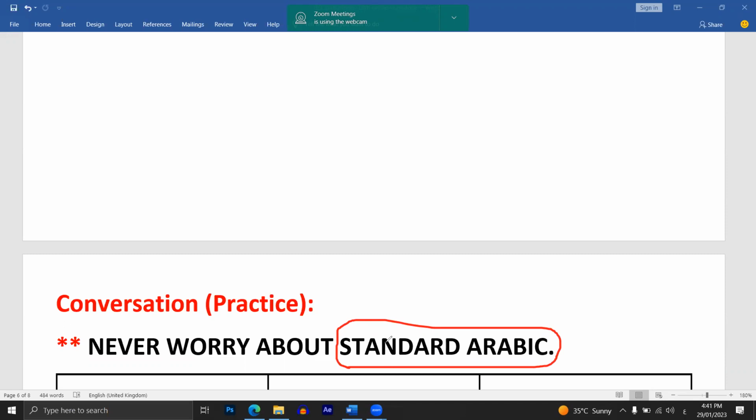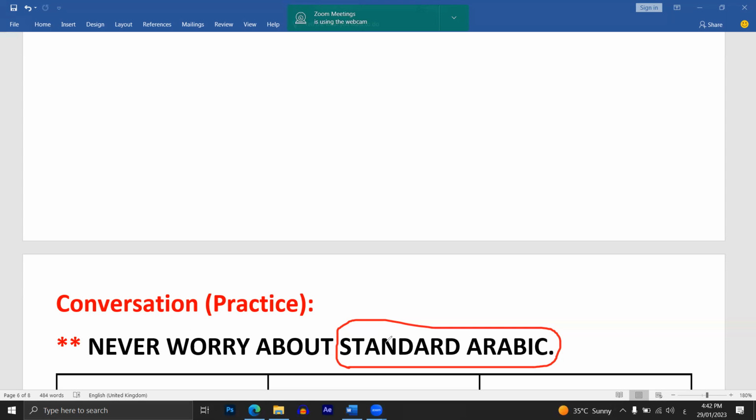Many people worry about the differences between Arabic dialects because every Arabian country has its own dialect: the Egyptian dialect, the Lebanese dialect, the Jordanian dialect, and there are some differences between these dialects. Also there are some differences between the dialects and Standard Arabic.